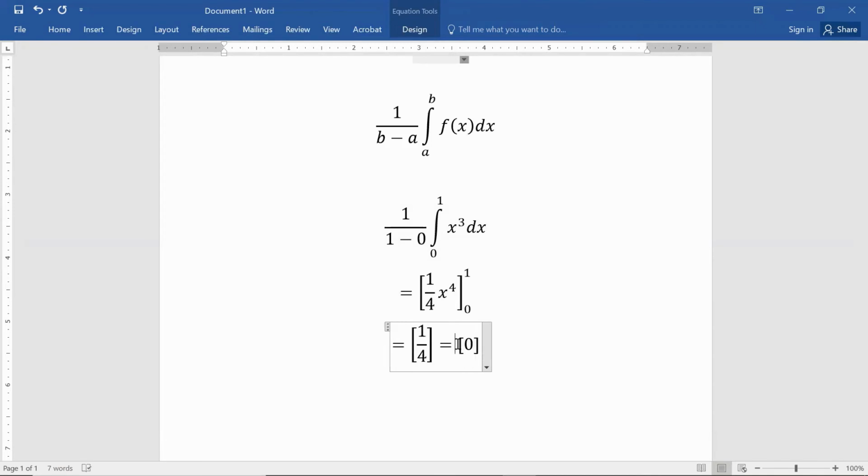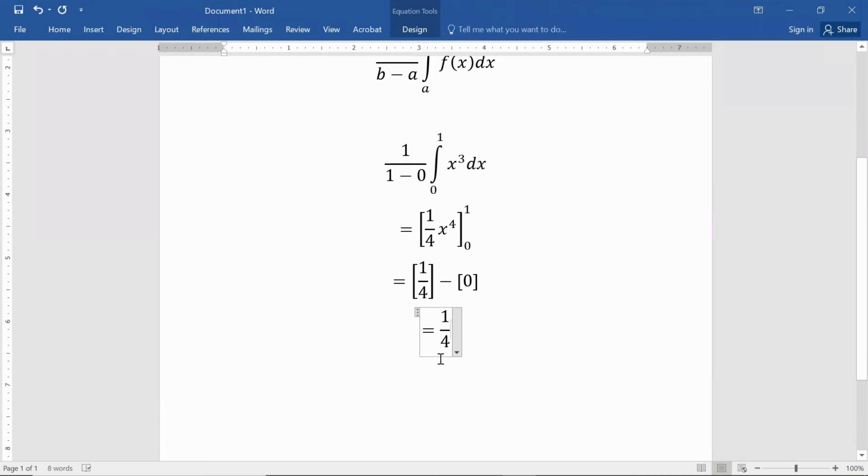When you plug in 0, you end up with 0. And that means the average value of this function is 1/4. That is the average value from x equals 0 to x equals 1. Hopefully that average value idea makes sense.